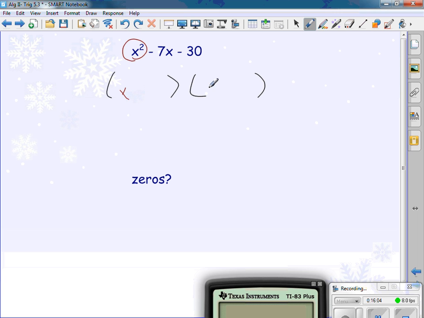X times x. Most of them you're going to be doing are just x squared right now. Now, for the 30, actually, a negative. How can I multiply to get a negative? A negative and a positive. So one has to be positive, one of them has to be negative.